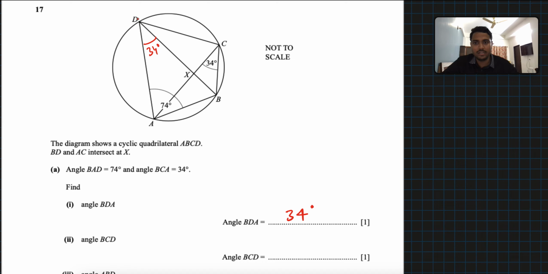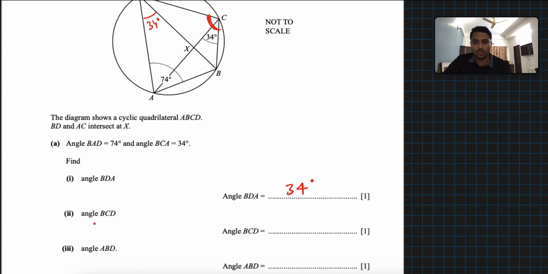Angle BCD is this angle. In a cyclic quadrilateral, opposite angles add up to 180 degrees. So 180 minus 74 minus 34, that is 180 minus 108, which is 72 degrees.